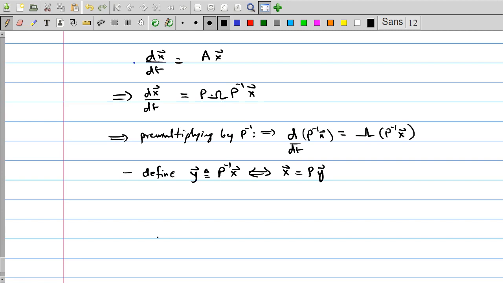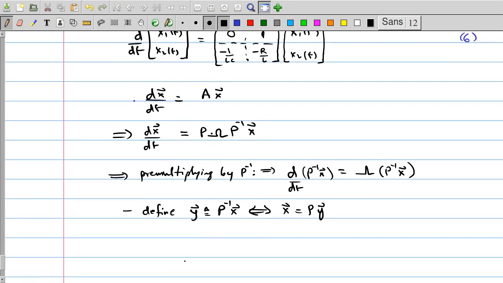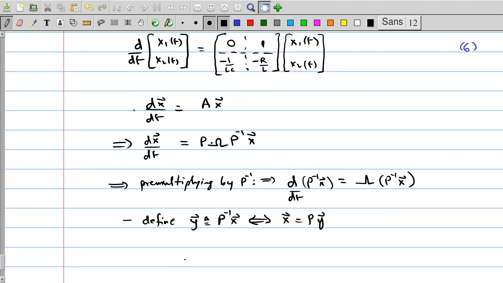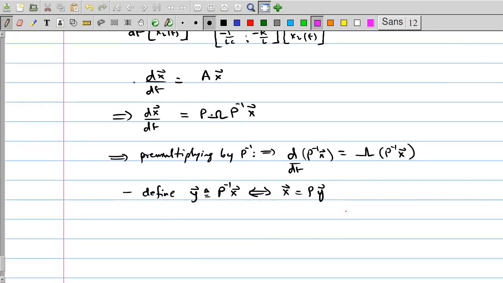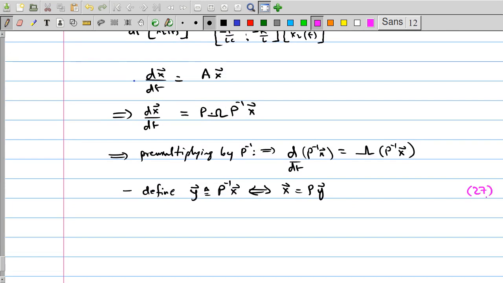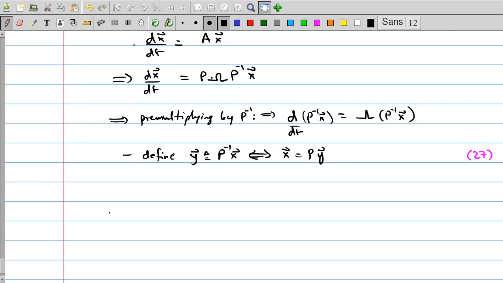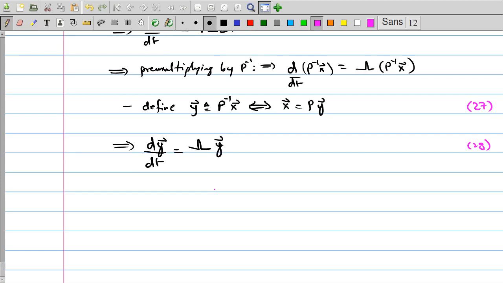So I should give this one especially the number 27. Then we have dy by dt equals lambda y, and that I should give number 28, which we can now expand.